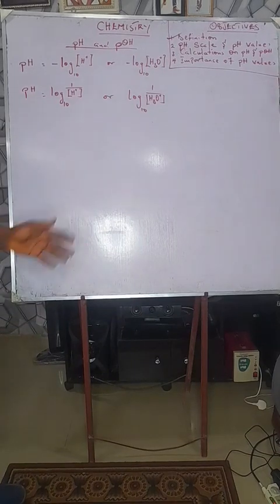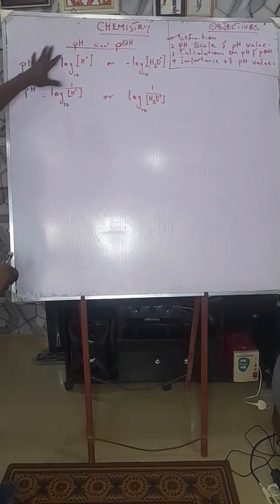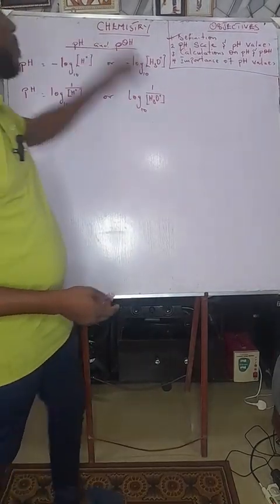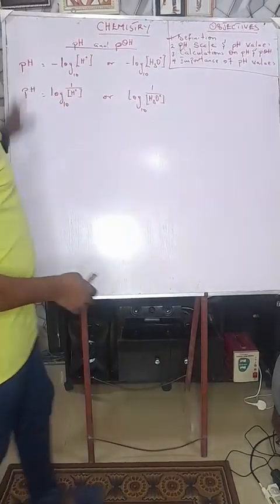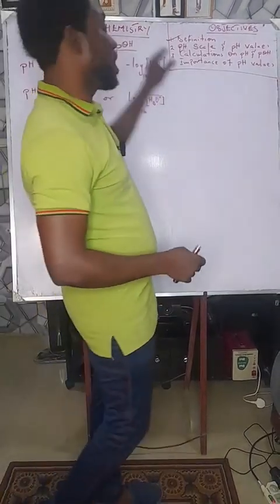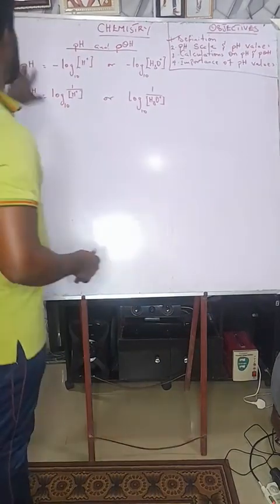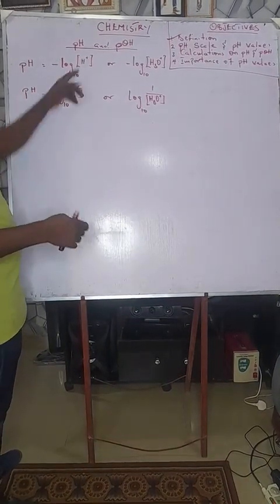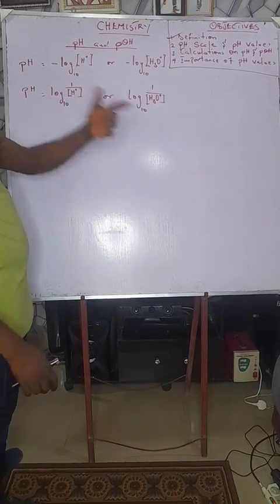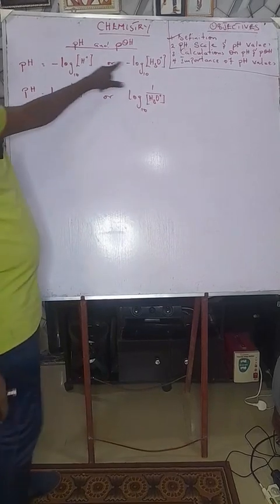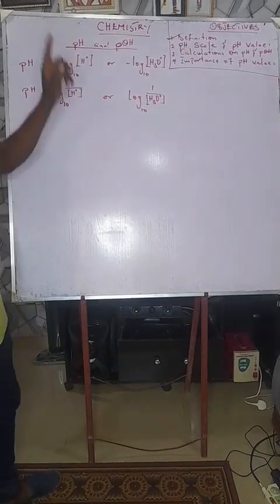Now let's go to pOH, because I told you the other time I'll be taking the two together. So I will not take pH, finish pH, and come back to pOH. I told you the other time that the measure of alkalinity of a substance is pOH. Now, let me write the formula. The same formula. It's just that when I was defining acid, according to Arrhenius, any substance that dissolves in water to give you H3O plus or H plus is an acid.